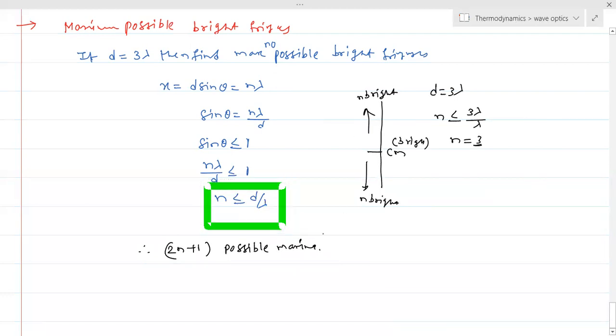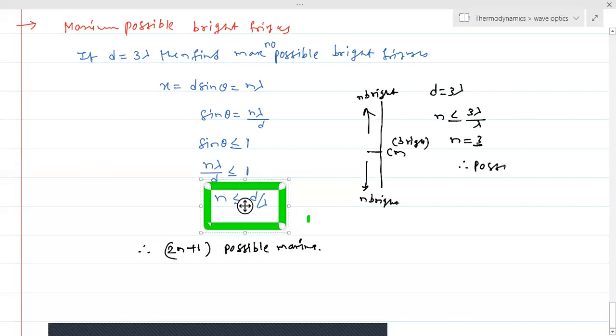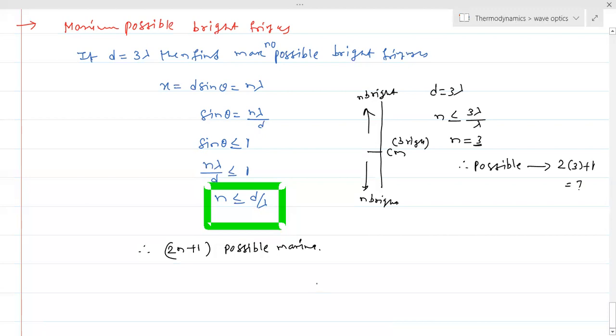That's why we take 2n plus 1 possibilities. So in the present problem, the possible value is 2 into 3 plus 1, that is 6 plus 1, equivalent to 7. In that way we used to think.